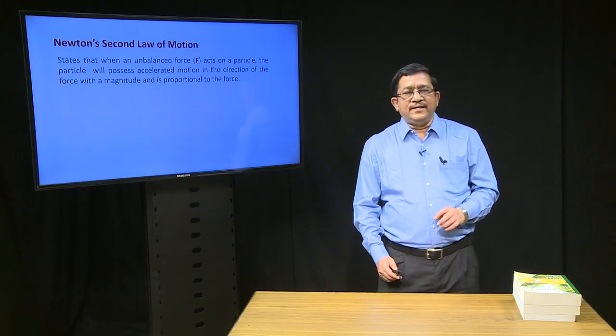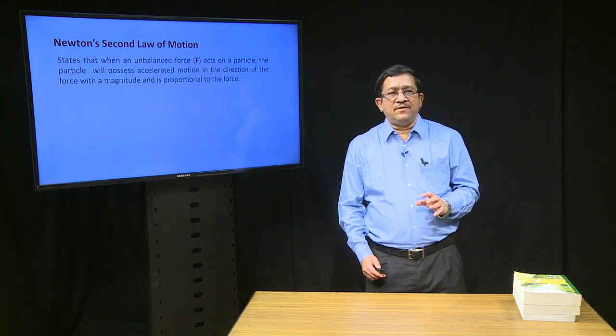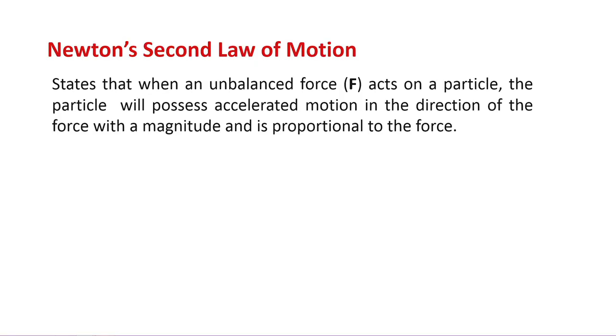Now, let us see the famous Newton's second law of motion. It states that when an unbalanced force acts on a particle, the particle will possess accelerated motion in the direction of the force, with a magnitude proportional to the force.